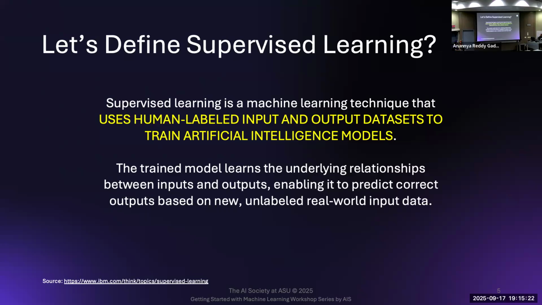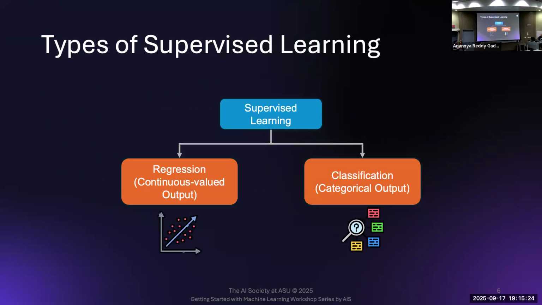Okay, so that's the definition of supervised learning. Now let's get into the part where supervised learning divides into two categories. The first one is regression and the second one is classification. Regression deals with continuous values; it predicts a number.